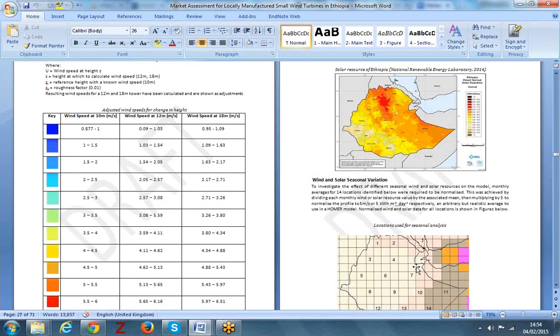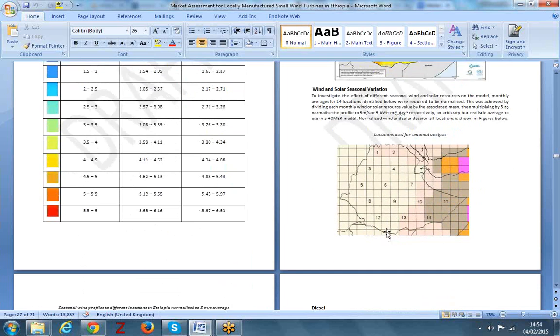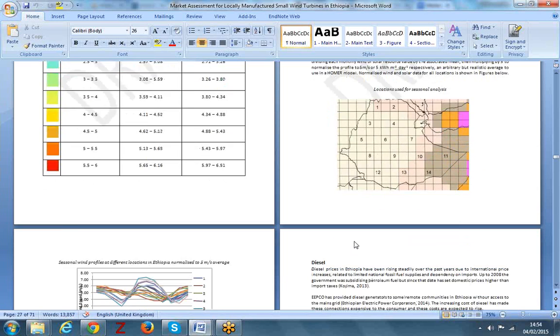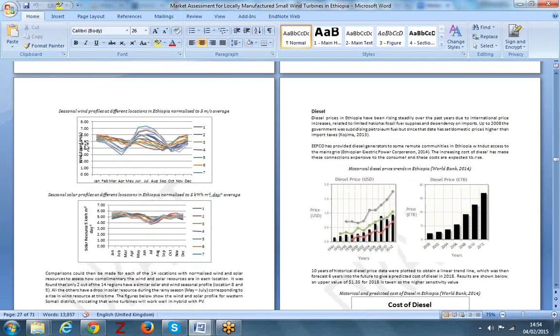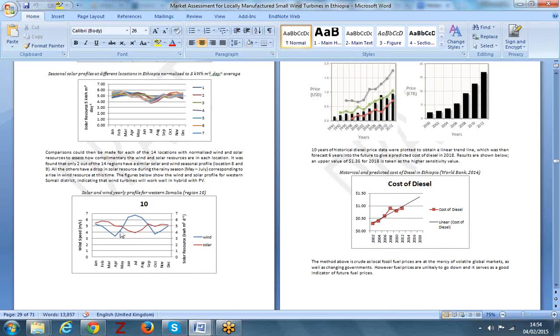Another thing to consider is how the wind and the solar vary. For 14 locations that I've chosen across Ethiopia, I've got the seasonal profile for the wind and the seasonal profile for the solar. For most of the locations, the wind and solar resource are complementary.